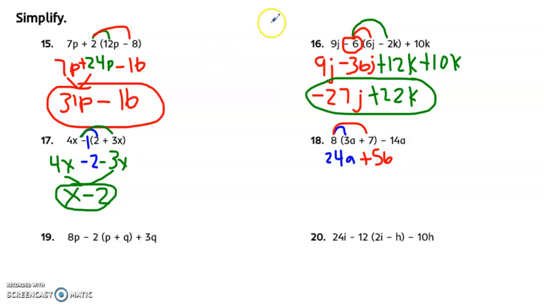And then bring down this negative 14a that we have. Then we can combine our a's. So we have 24a and negative 14a. So that will give us 10a, and then bring down our 56.